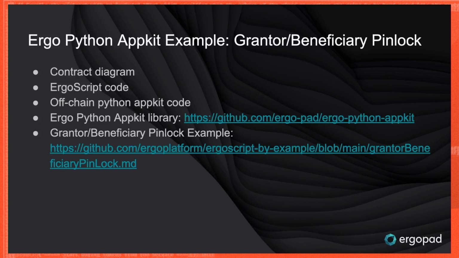Then I'll show you the actual Ergo script code, and then finally the off-chain Python Appkit code that we'll use to test the contract. The Python Appkit library itself can be found at the following link in the repository, as well as the grantor beneficiary pin lock example, which is taken from the Ergo script by example repository.